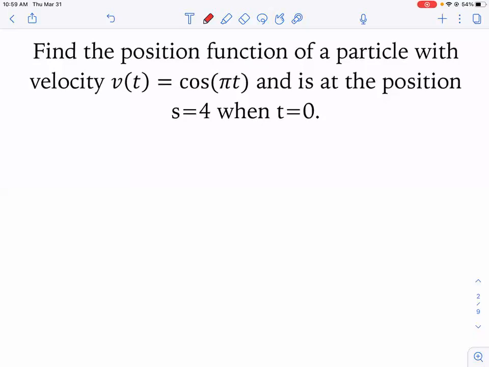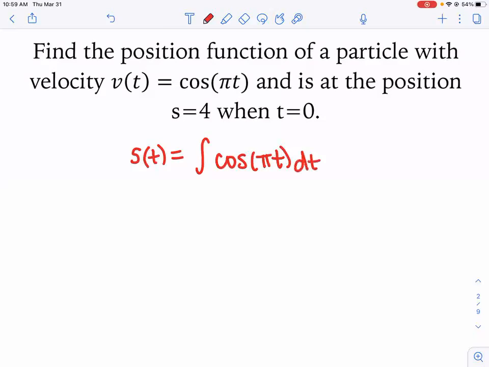I'm just waiting for you to copy down what you need to, and then we'll get going on our example. So our position equation is going to be the antiderivative of velocity.